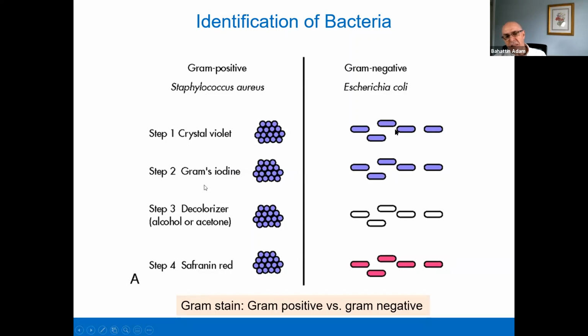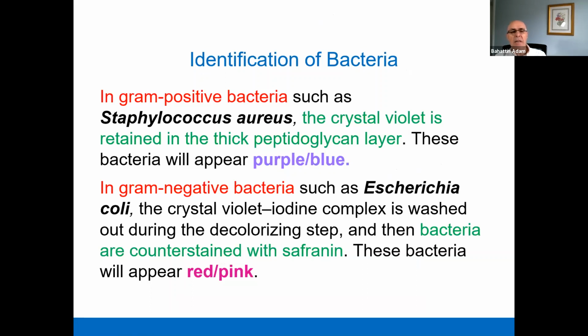If they are gram-negative, due to the decolorization step, they will wash out the crystal violet and stain with the safranin, or with fuchsin. Now, a more common, well-known example for gram-positive bacteria is Staphylococcus aureus.